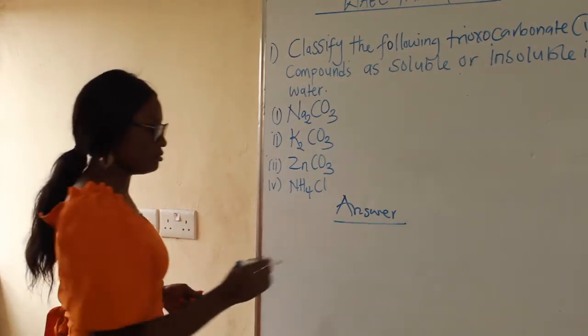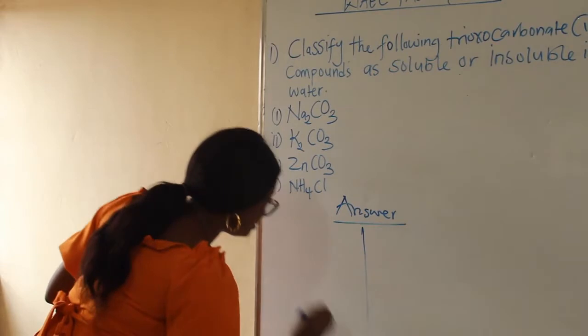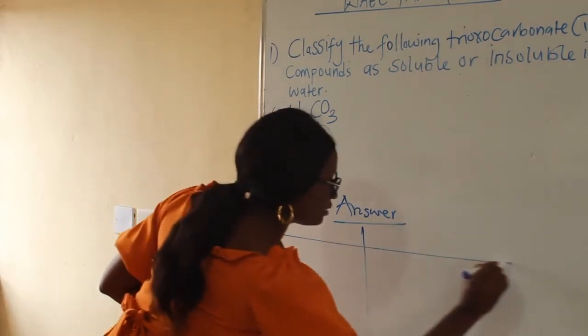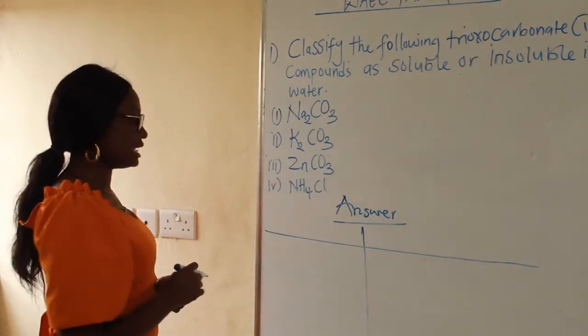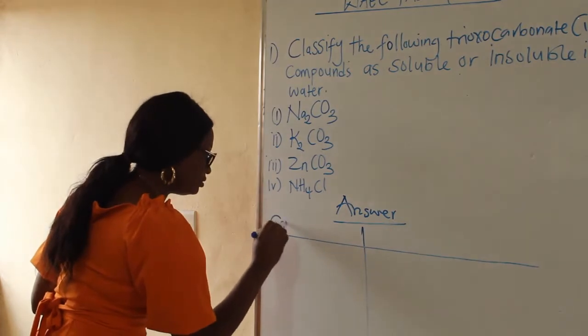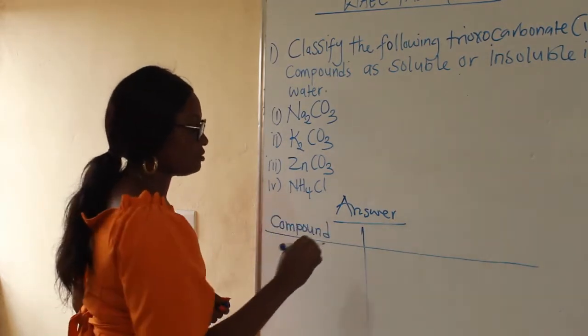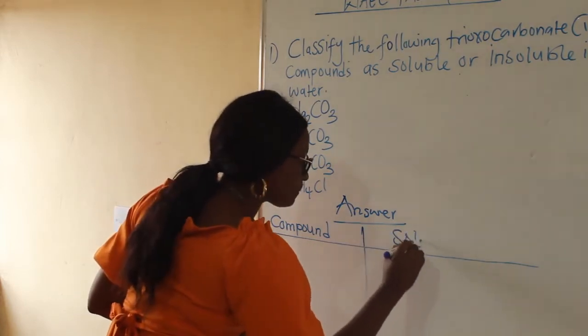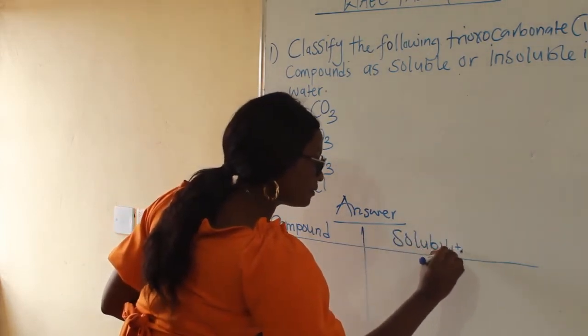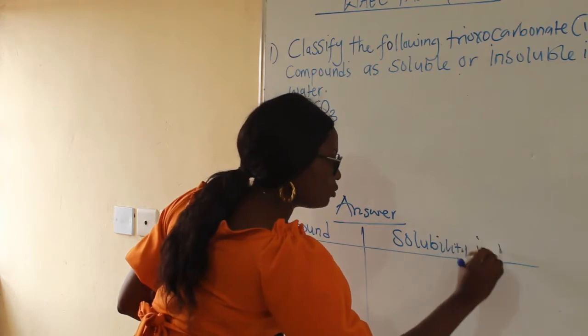Make 2 columns. You write compound here, and then here you write solubility in water.